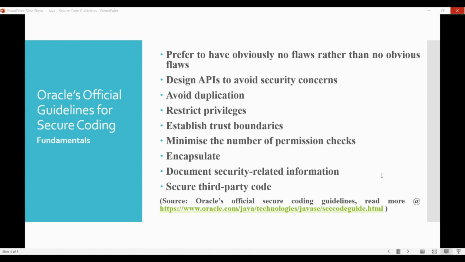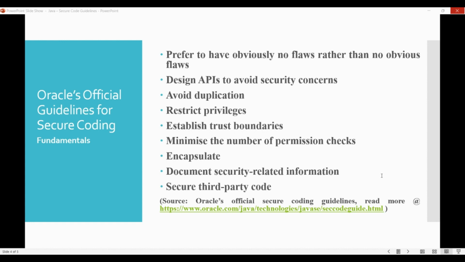The next point is restrict privileges. Because if the code is operating with reduced privileges, then exploitation of any flaws is likely to be thwarted. Here, low-level mechanisms available from operating systems or containers can be used to restrict privileges and are recommended over higher-level mechanisms like Java Security Manager.